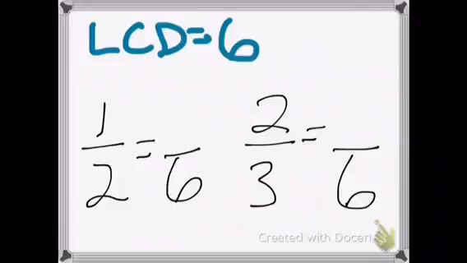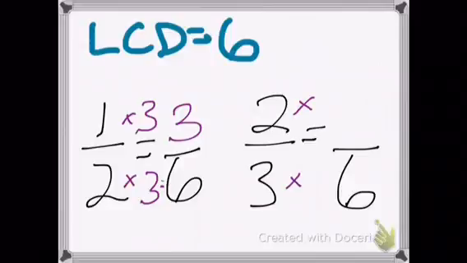This is actually easier than it looks, because we just have to think, 2 times what equals 6? We know 2 times 3 equals 6. Easy enough. Then you go up here and do the exact same number. You always do the same number on the top and the bottom. So if we multiply by 3 on the bottom, we multiply by 3 on the top. 1 times 3 equals 3. So that number is all done.